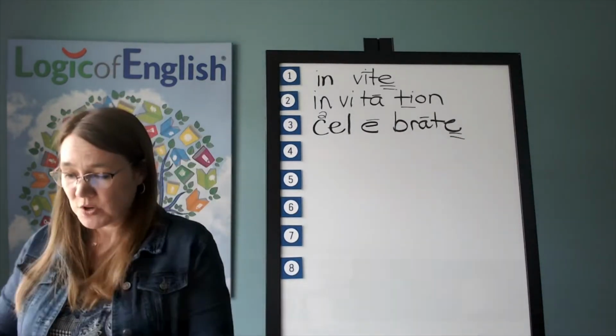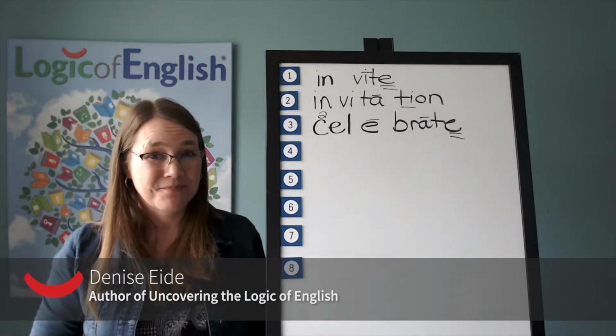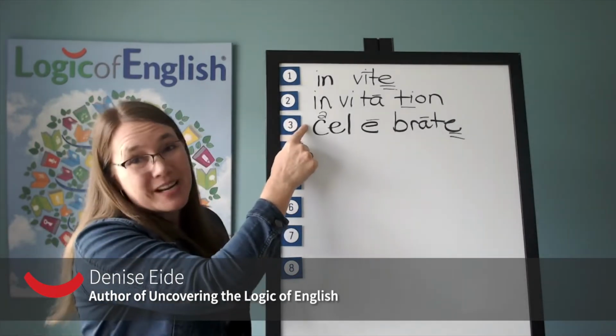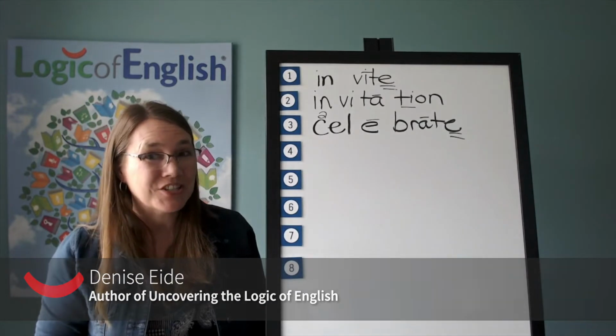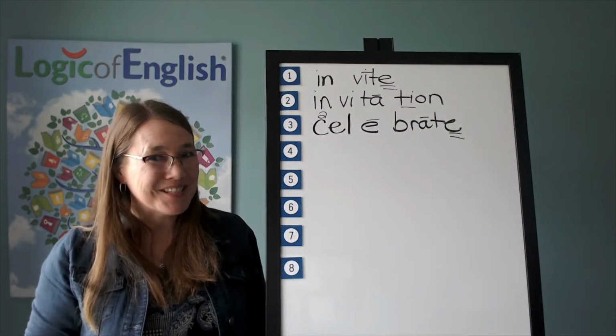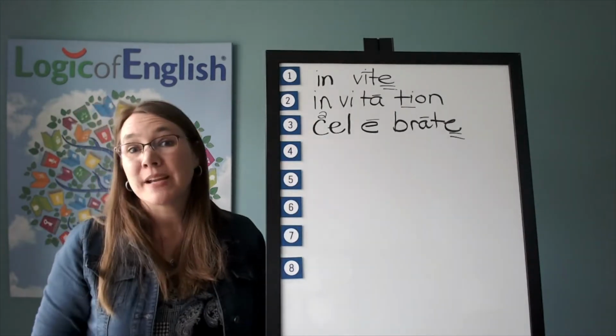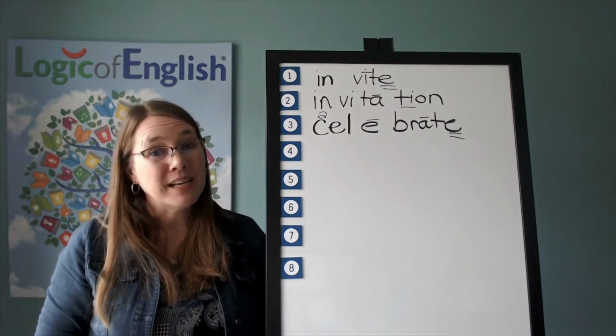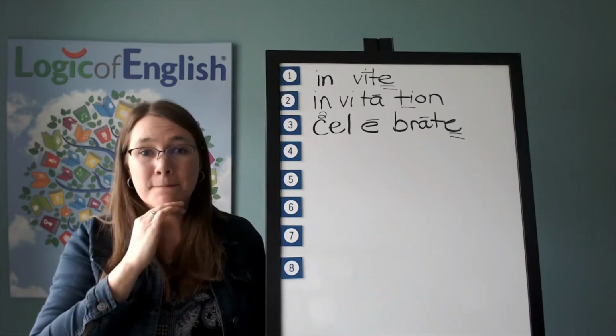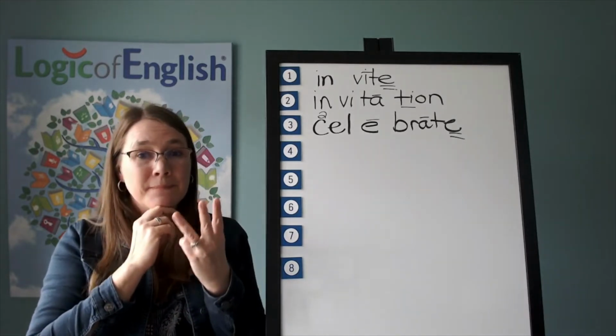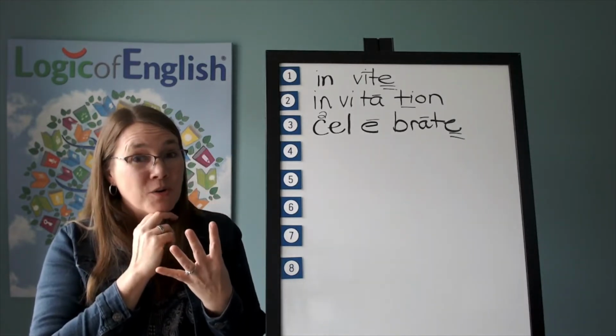Now, the next word is celebration. When we celebrate, we have a celebration. All right, do you think these words are related? Celebrate, celebration. All right, how many syllables in celebration? Four.